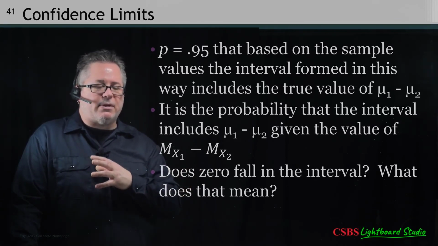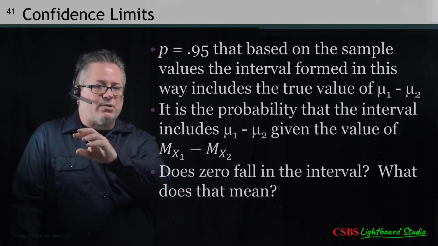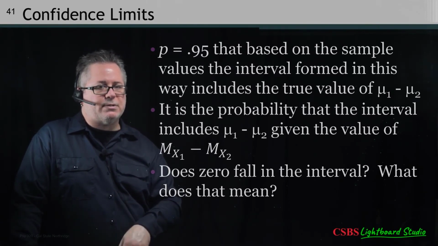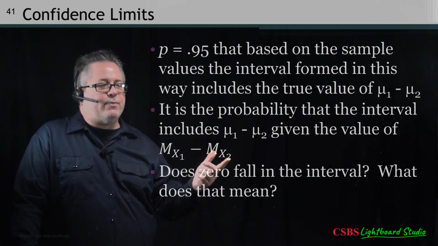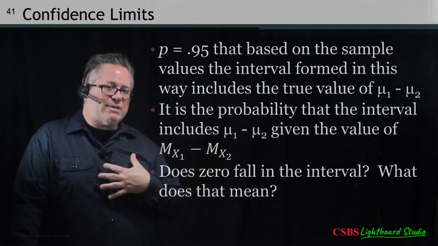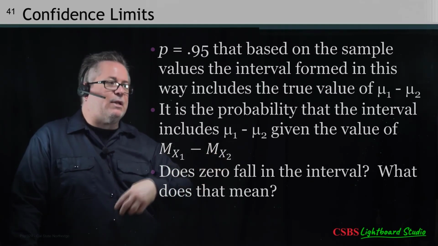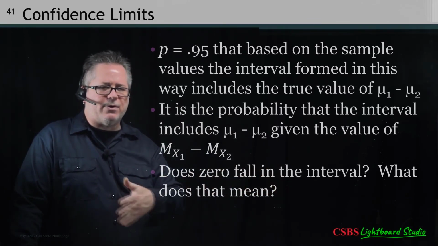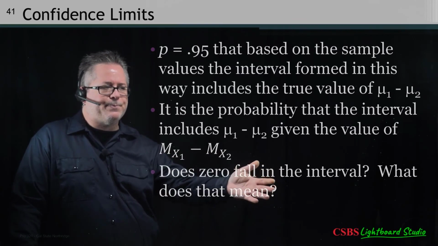One's from the perspective of the population. Given this population, is this sample likely? And we said, well, no. That's why we rejected the hypothesis. This is coming from the perspective of the sample. Given our sample difference, what are the likely populations? And we said, well, they're 0.179 to 3.521.